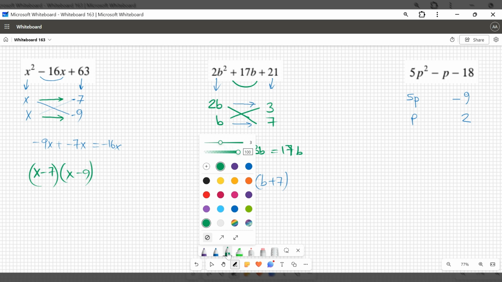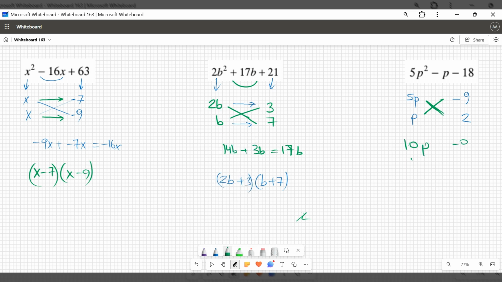Now let's do cross multiplication. Okay. So cross multiplication, it's going to be positive 10p, and the other one going to be negative 9p. So when you add them, it's going to be positive p. Okay, so this is negative p.